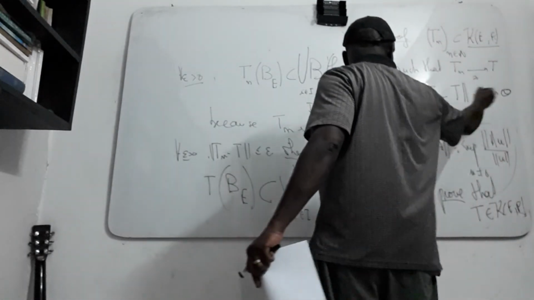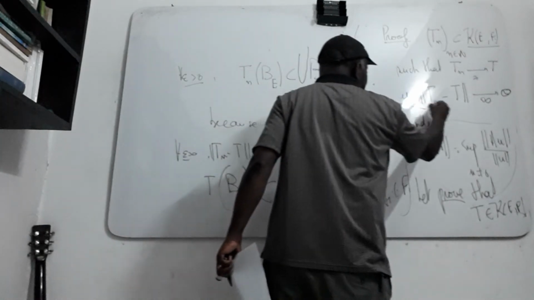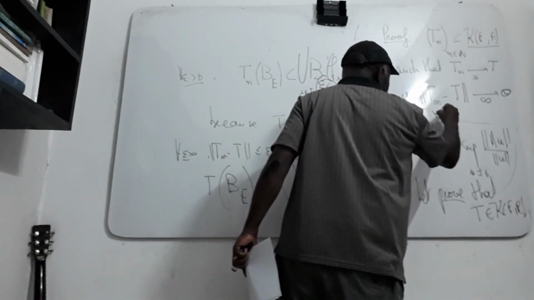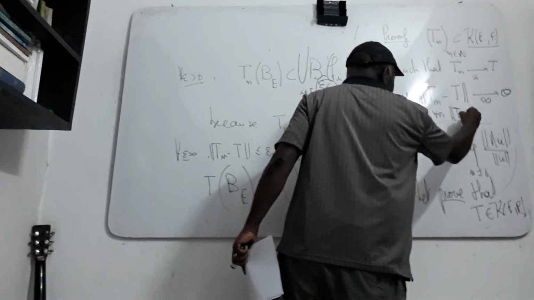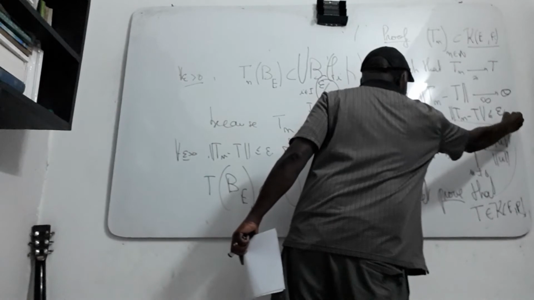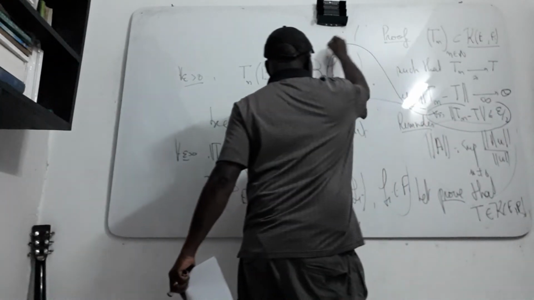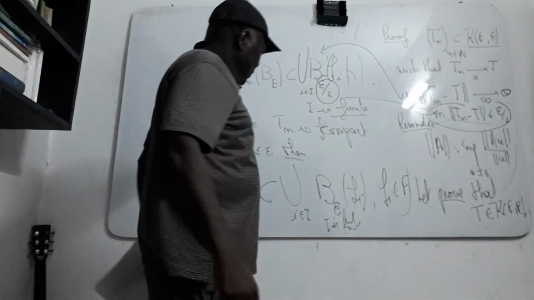For all epsilon you can take this one like ||Tn - T|| < epsilon over 2. From here is why you have this kind of condition.